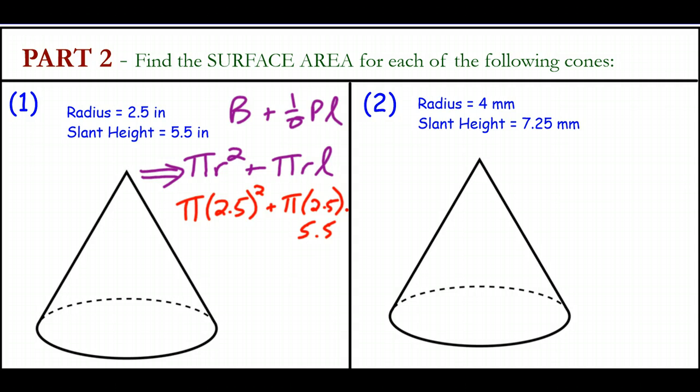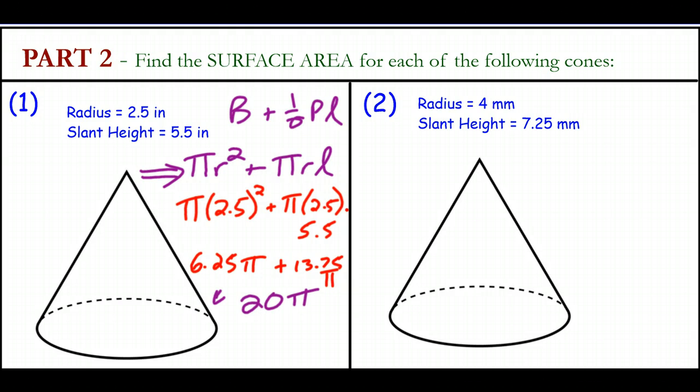And when we go through with all of those calculations, we have 2.5 squared, which is 6.25 times pi. 2.5 times 5.5 is 13.75 times pi. And combining like terms, just as if pi was a variable, gives us 20 times pi.